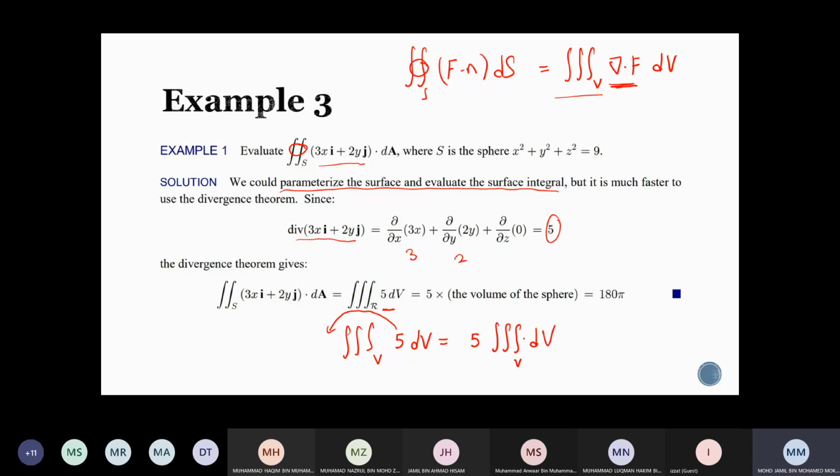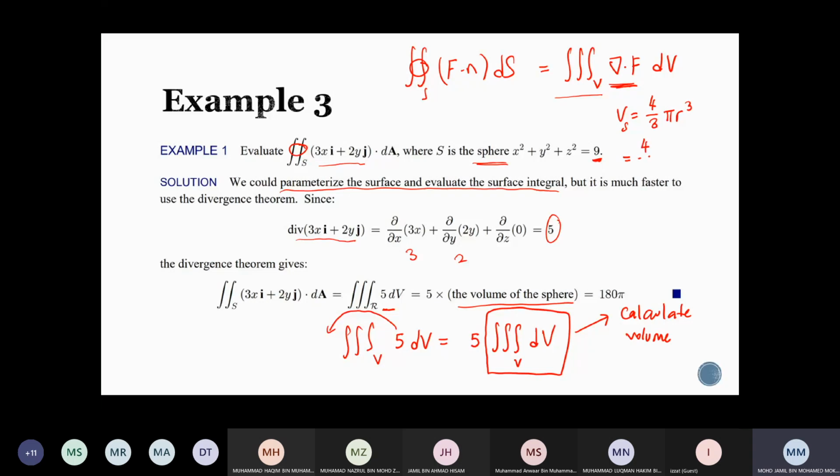When you integrate dV, basically you calculate the volume of the thing under investigation. In this case, it's a sphere. So this is the radius of the sphere, and the volume of a sphere is 4/3 pi r cubed.